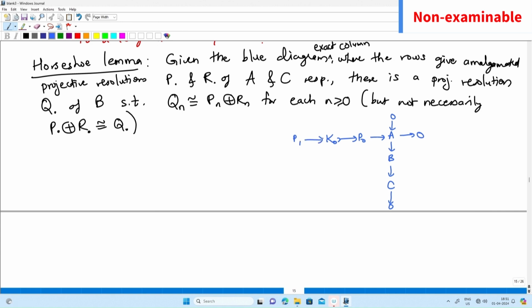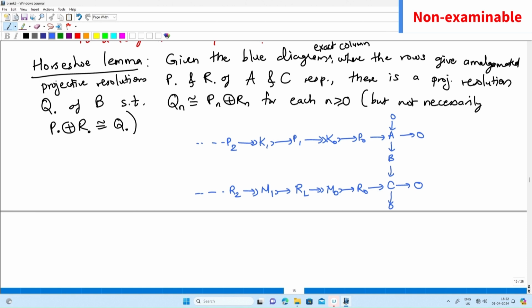Then there is a surjection. Then we have K1, which is like this, then P2, there is a surjection and so on. Then same thing over here, here I have R2, then M1, then R1, M0, R0 and 0 and dot dot dot. Okay.